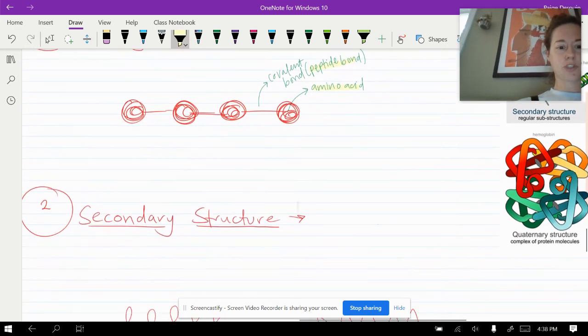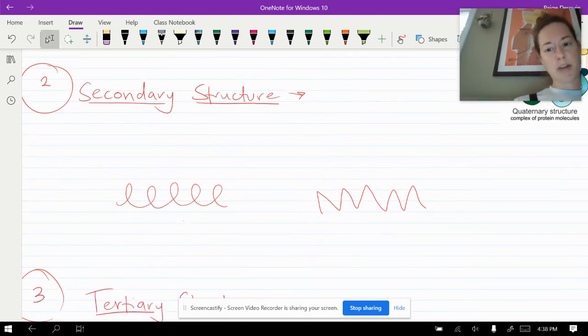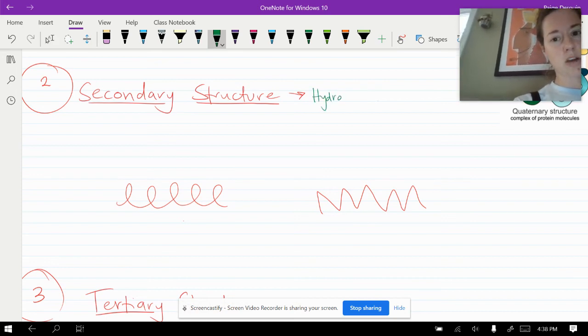All right. So the secondary structure is when that chain of amino acids folds up in a specific way. This is caused by hydrogen bonds, which we talked about last week.